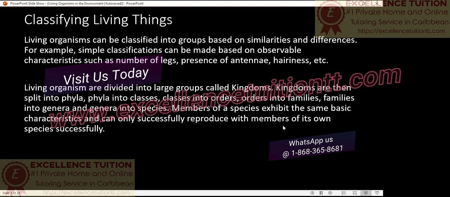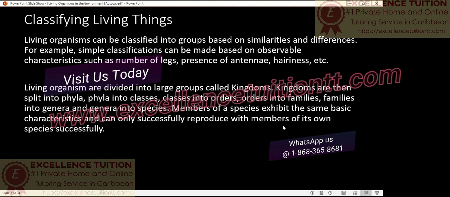They wouldn't be insects. That's an example, right? Presence of antennae: some would have antennae, some wouldn't. Some would have hair, some wouldn't. And that's just a few categories that you could look at when classifying organisms. There are a lot of others.